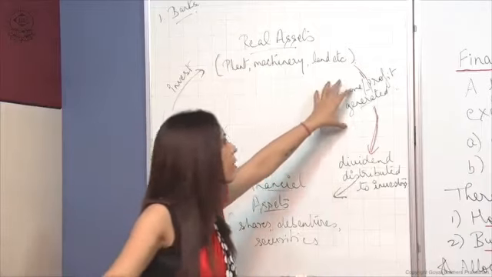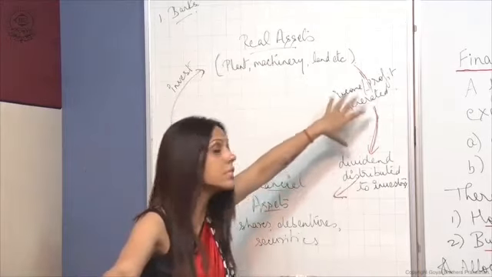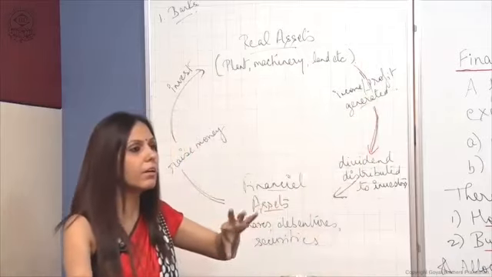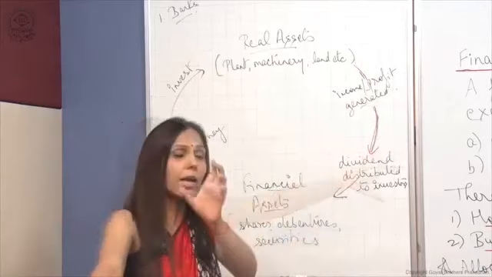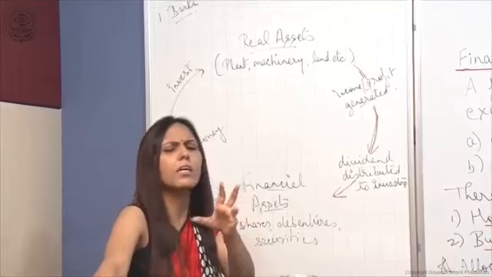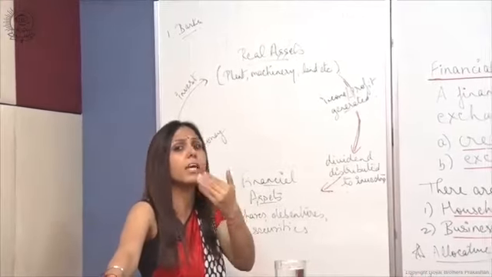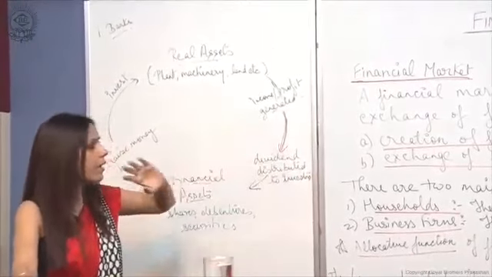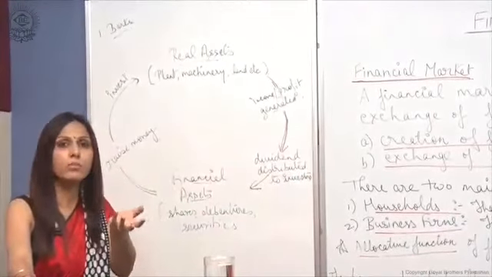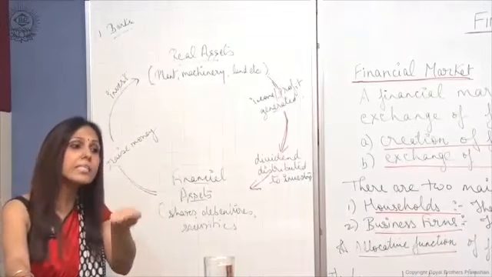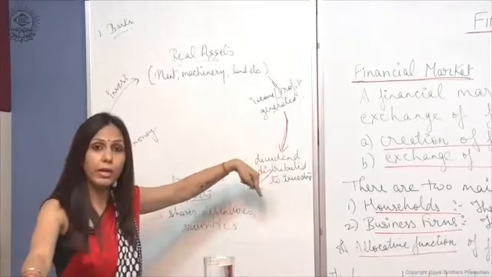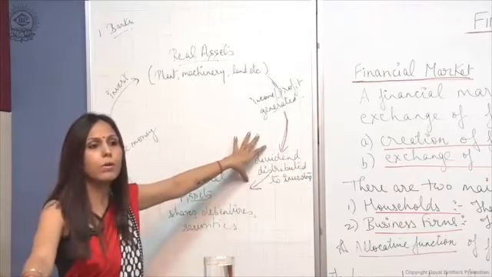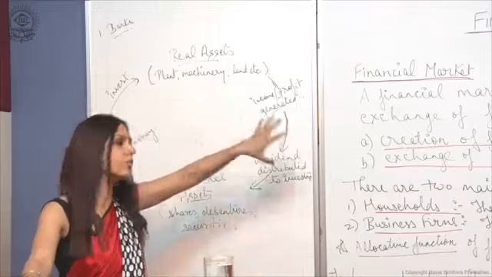Then what happens? A part of the profit which they have generated is distributed among the household savers, the people who have purchased the shares and debentures of the company.